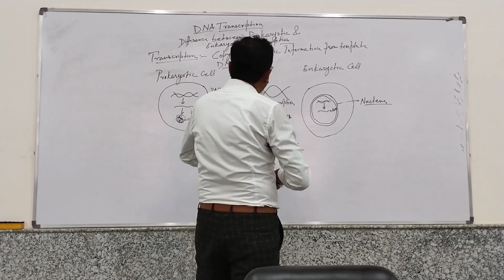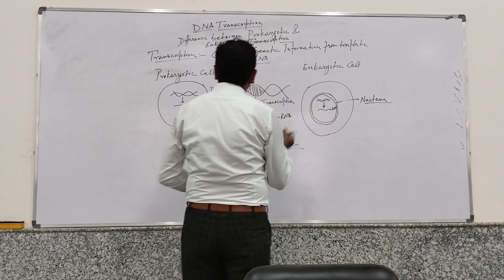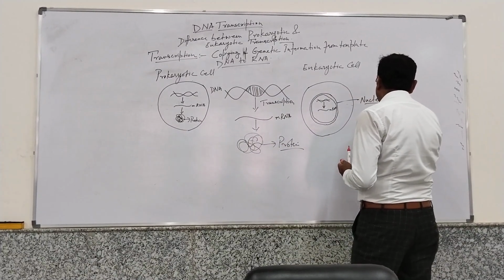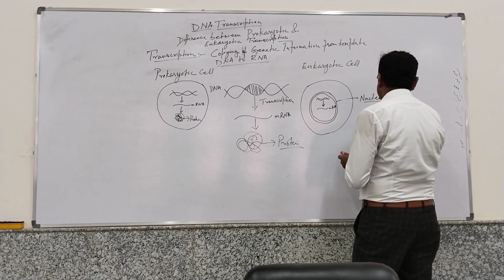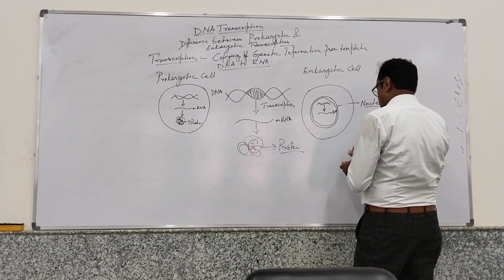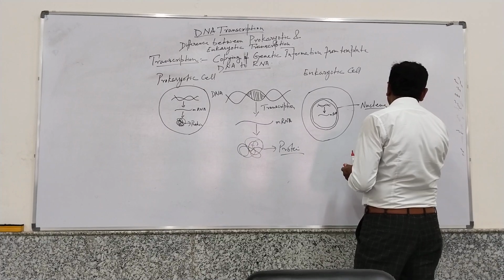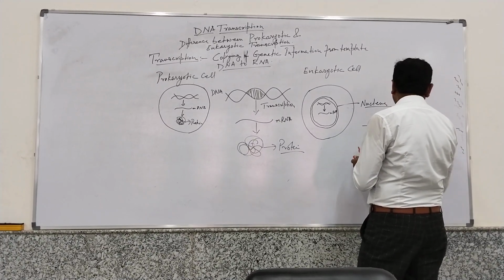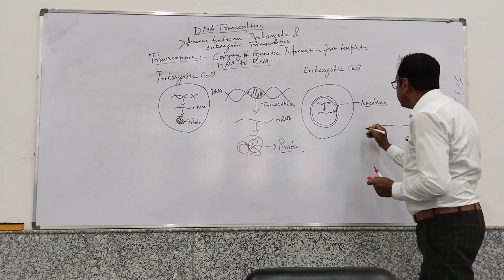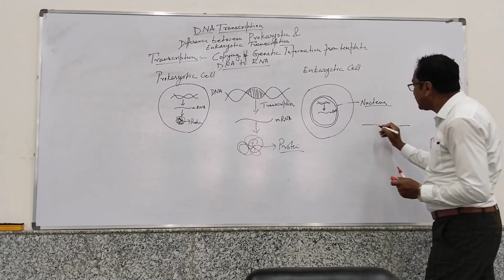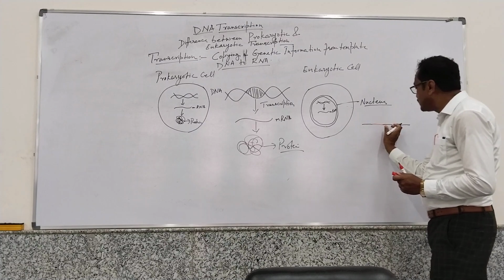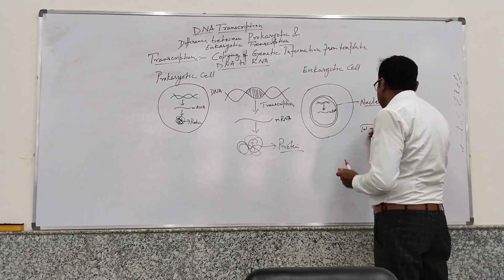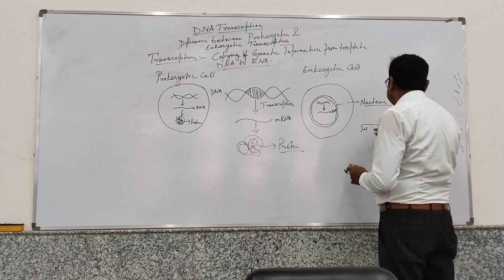The mRNA which has been formed over here is like that. Here is one part, this is another part, one part, another part. So what you see is that this mRNA contains black, then red, then black, then red. I am demarcating it because these are the introns and these are the exons.